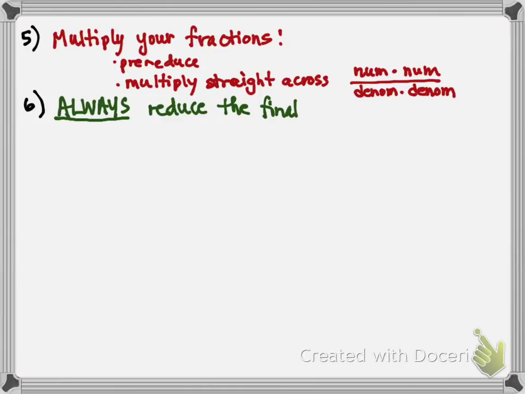If I pre-reduced everything, my final answer should be reduced. If I canceled out common factors after I did the multiplication, my final answer should be reduced. Okay? This does not mean convert to an improper fraction, or from an improper fraction to a mixed number. It doesn't mean that at all.